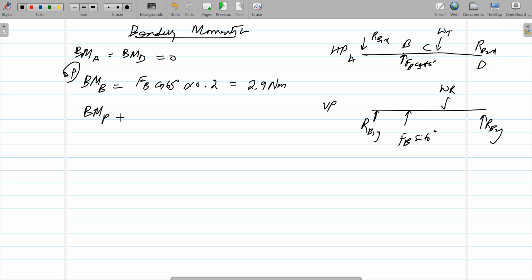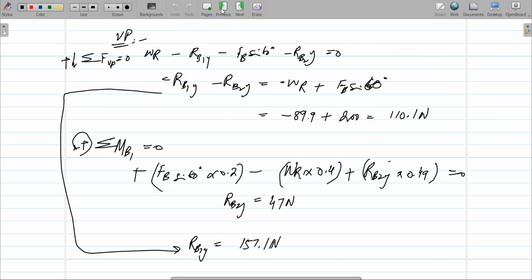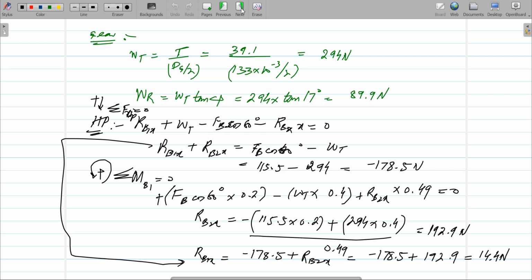Similarly, the bending moment at point C is equal to Wt into 0.09. So Wt is 294.